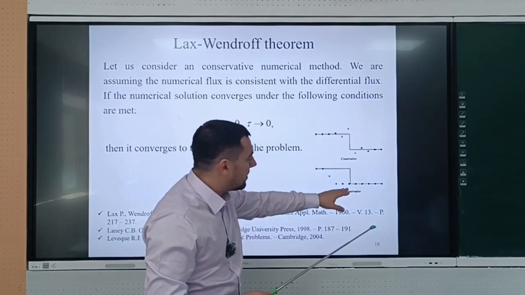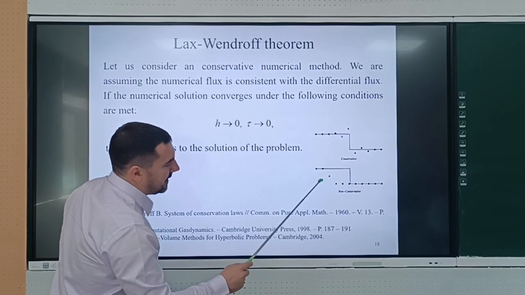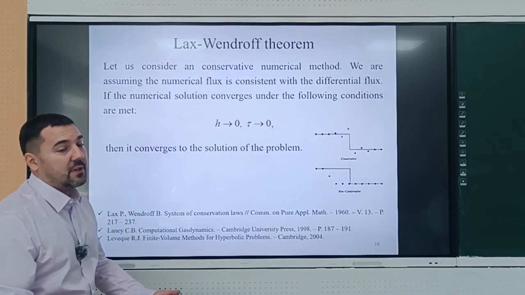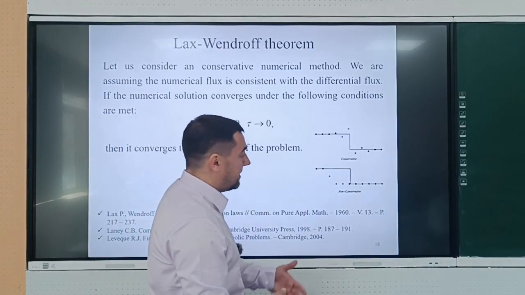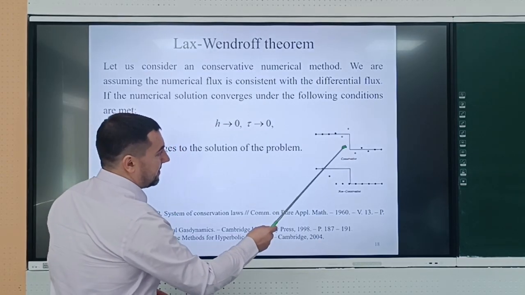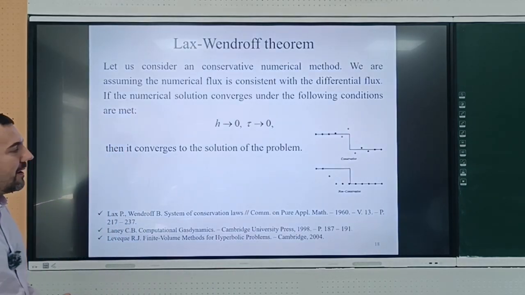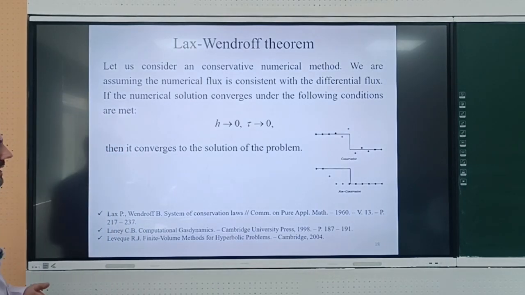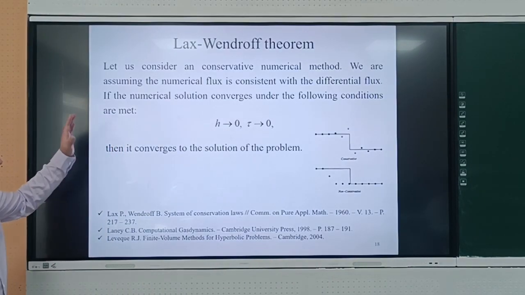But if you have a non-conservative scheme, the typical behavior is that your waves propagate with the wrong speed. You have a phase error, and that's also very bad behavior, because once again the speed of propagation of disturbances in your model is wrong.